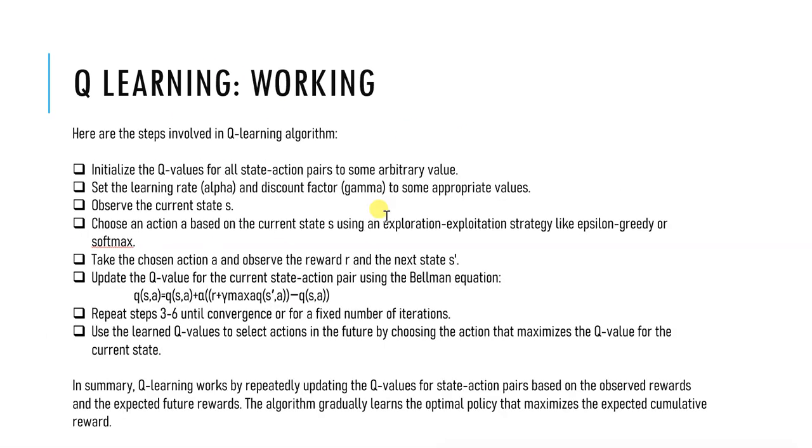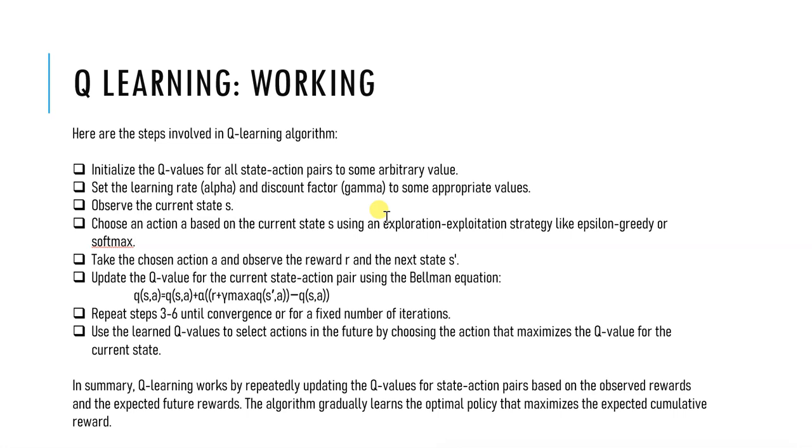Working basically, what we do first is initialize the Q table with zeros, as when we generate a matrix in numpy. We generate np.zeros and pass the size of the matrix, 4 comma 2, like that. Like that we will be initializing the Q table with zeros for each state-action pair.